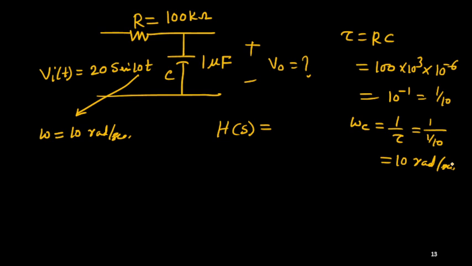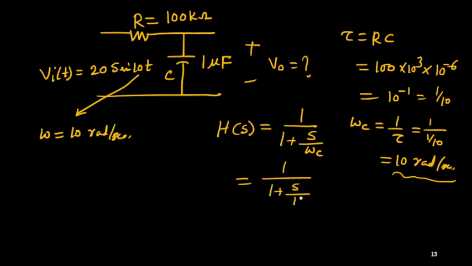So for this problem, omega C is also 10 radian per second. So what is the equation? H of S is 1 over 1 plus S upon omega C. So I can write this as 1 over 1 plus S by 10.